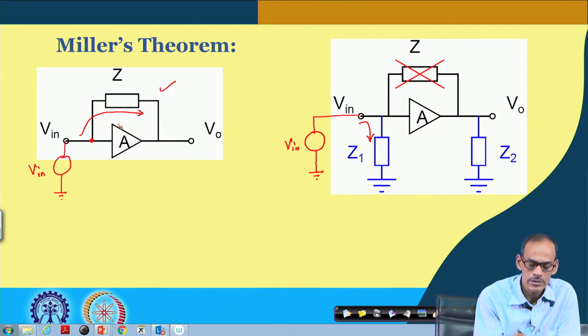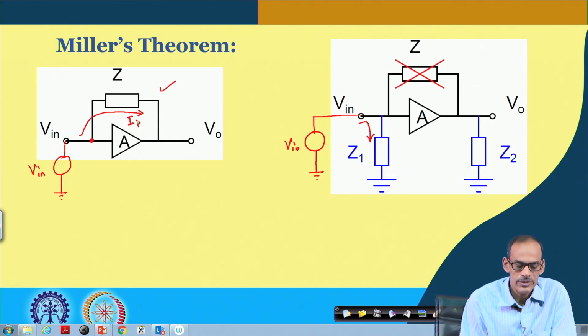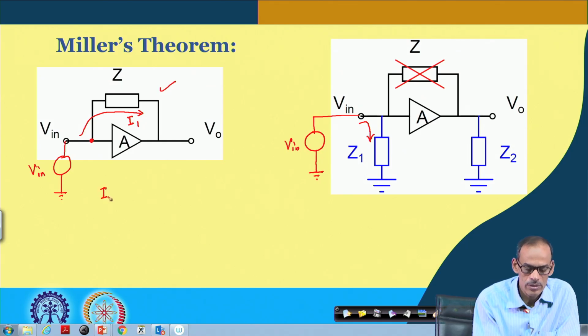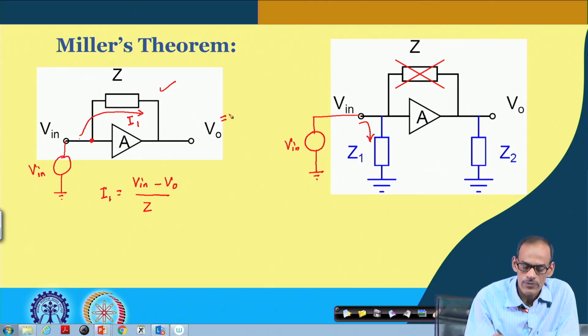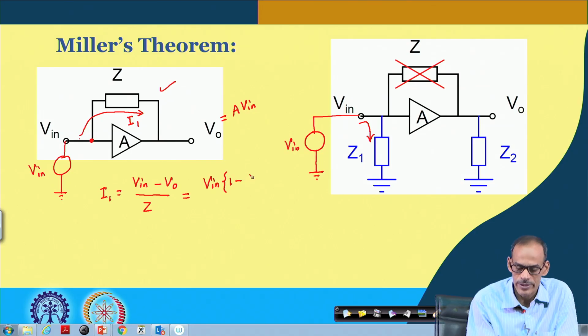For this circuit, let me call the current I1. The expression for I1 is V in minus V o divided by the impedance Z. We also know that V o equals A times V in, so this can be written as V in multiplied by 1 minus A, divided by Z.